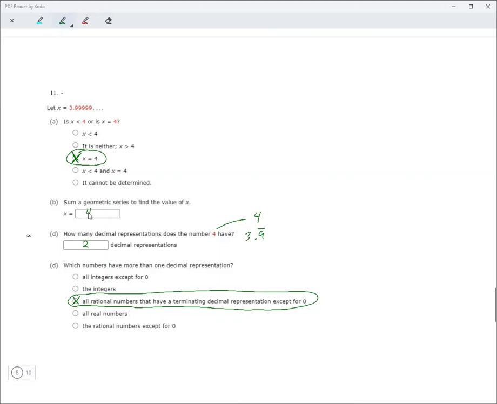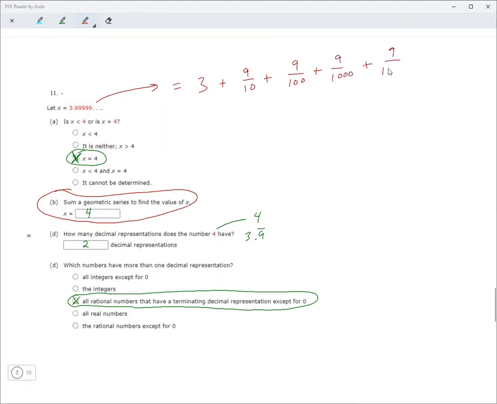Okay, so let me explain this part right here. Sum a geometric series to find the value. Okay, so if you look at this, this is the same as 3 plus 9 over 10 plus 9 over 100, because that's the hundredths place. And then this is the thousandths place, so that's 9 over 1,000.